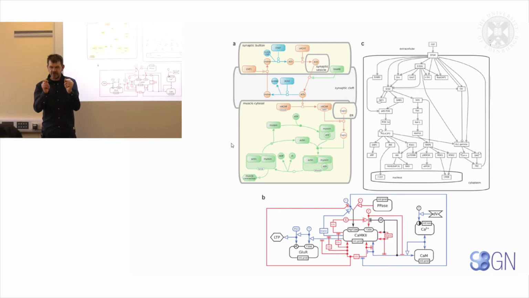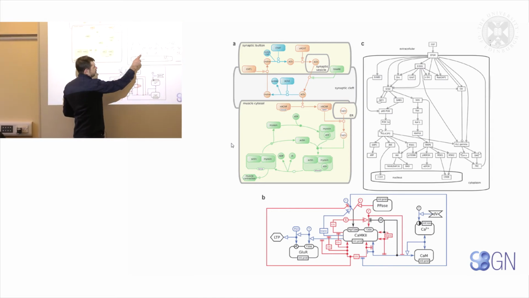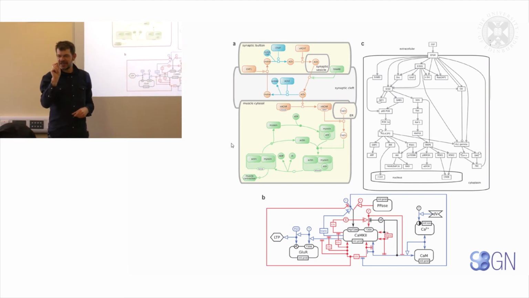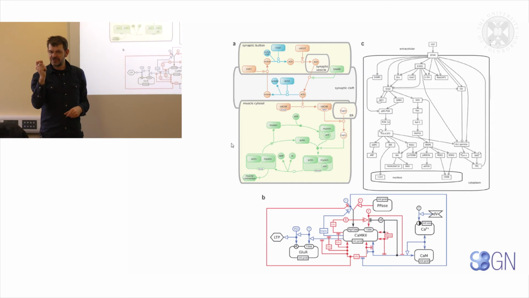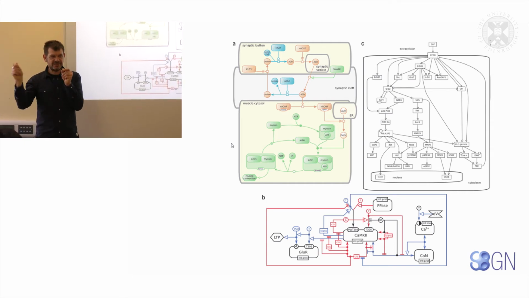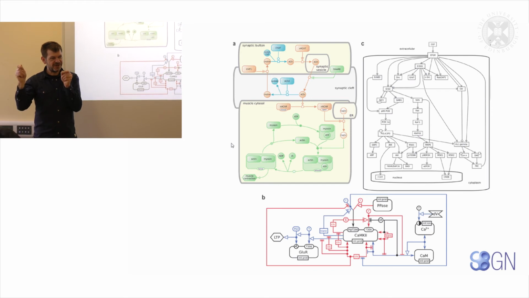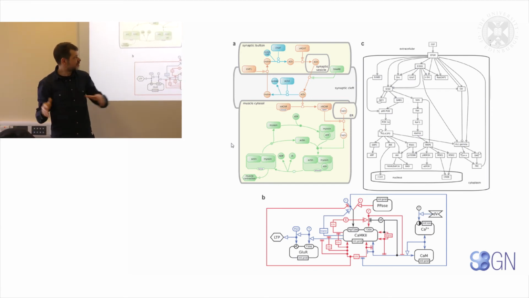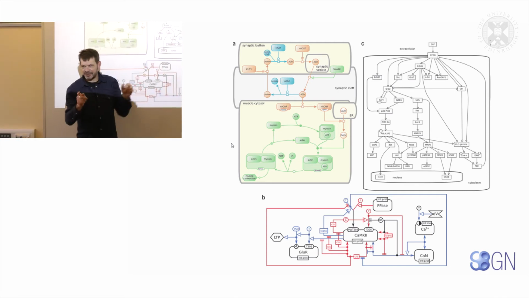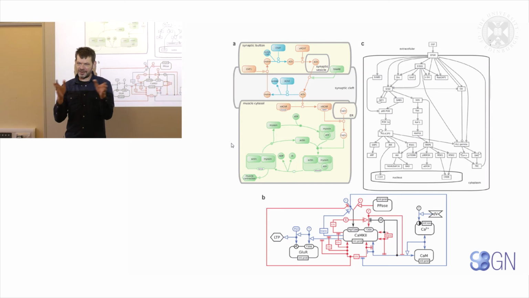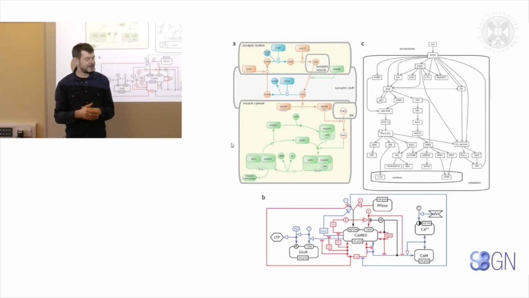Just to make this point, you draw an arrow between here and here, but you're not actually saying what's happening between those 2 things, or the result. So if A and B bind, you can draw a line saying A and B bind, but what you're not showing is the result of that reaction. Quite often with these things, it's just a loose diagram saying this is kind of connected to this, this connected to this, but you don't really show what happens when they connect, if you see what I mean.